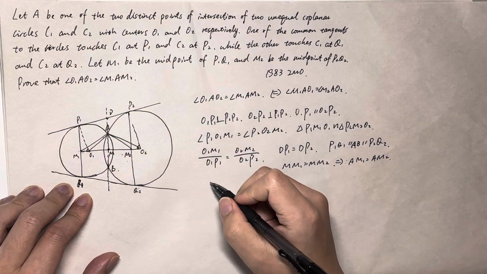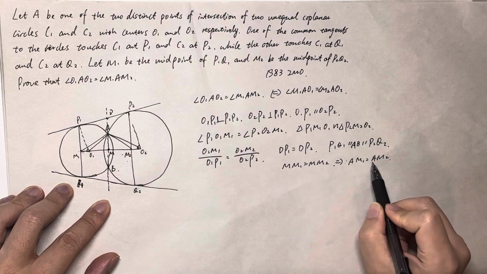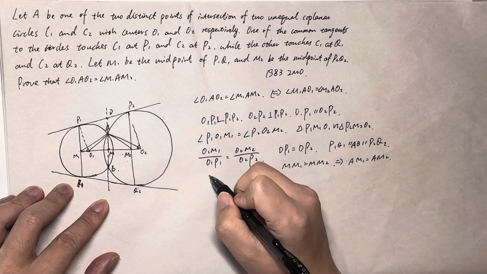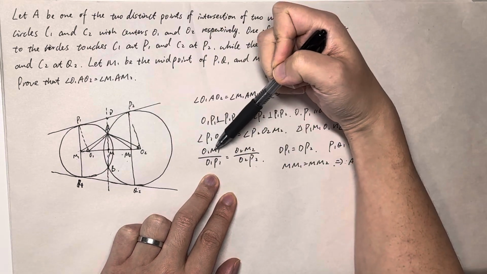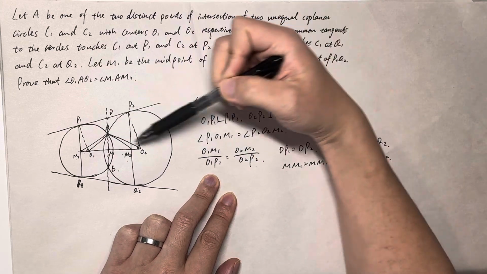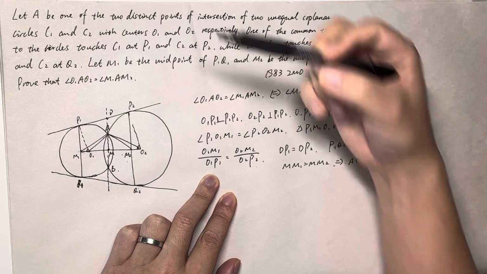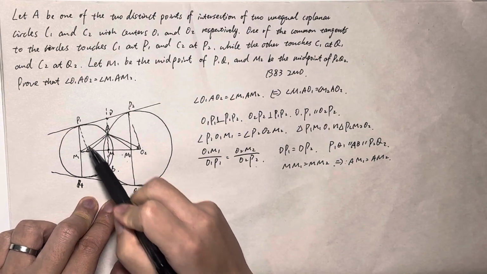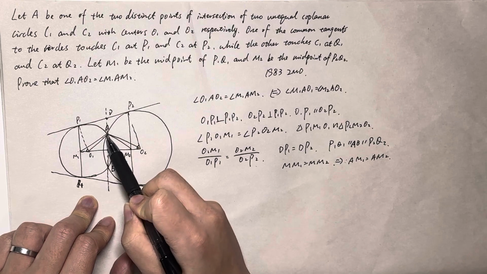So now let's put all of these back to the ratio here. Since O1M1 to O1P1 equals O2M2 to O2P2, and O1P1 is the radius of circle C1, it's the same as O1A.